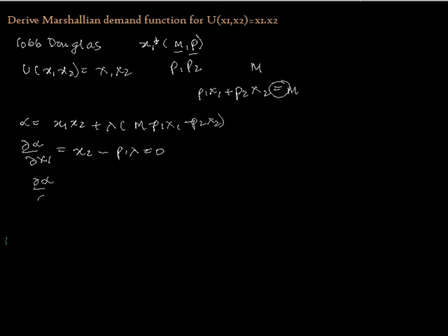Del L by del x2 is x1 minus p2 lambda equals 0, and del L by del lambda is m minus p1 x1 minus p2 x2 equals 0. I hope this is clear to you, how I have partially derived this.